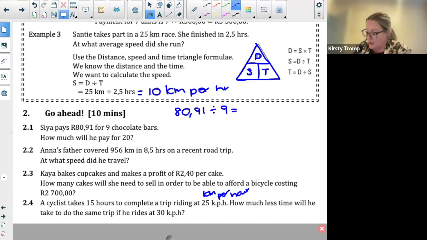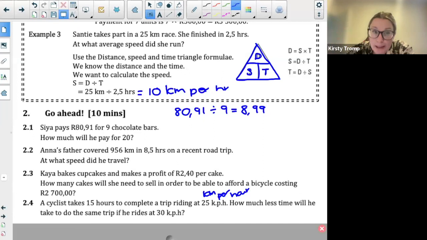Why did Lejo divide it by 9? Lejo, I'm speaking for you here. I hope you don't mind, but your hand isn't up, so I can't call on you. Lejo divided it by 9 because they wanted to find out how much 1 chocolate bar was. And when they did that, they got 8.99 for 1 chocolate bar.